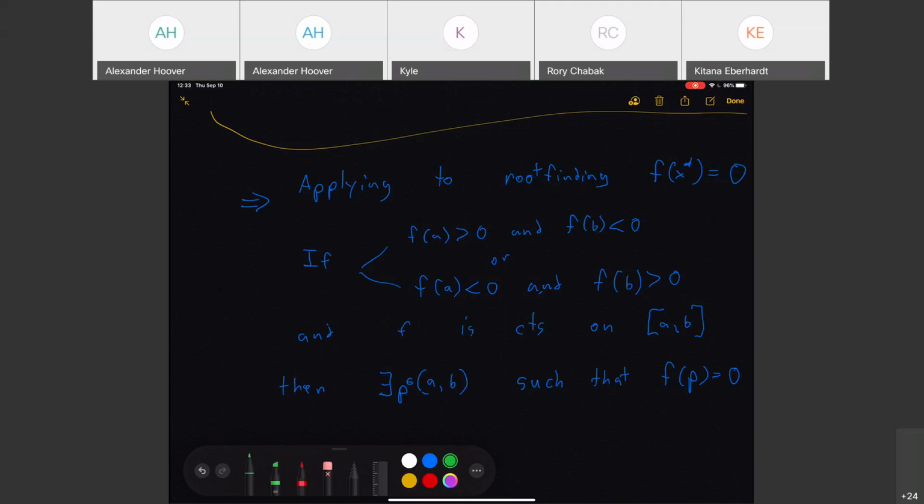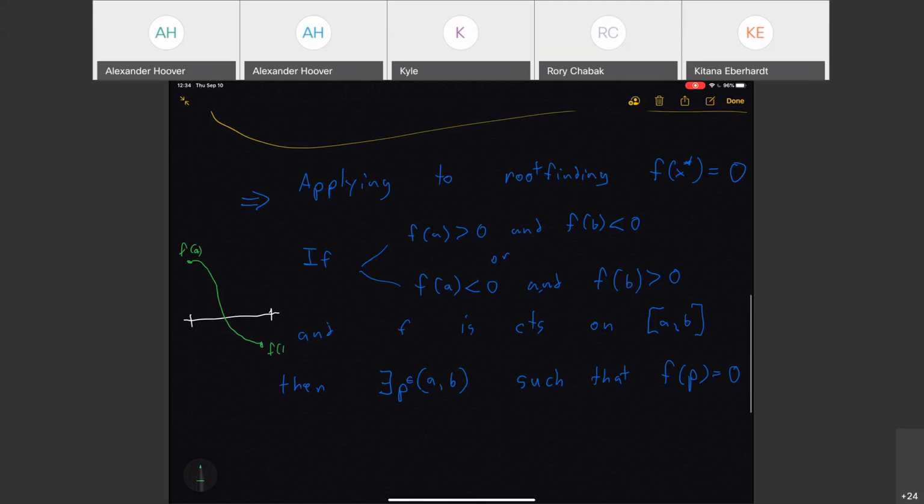This is just saying that if we have a situation where we have a root somewhere, and a and b go from positive to negative, or vice versa, there's going to be a root in between those two points.